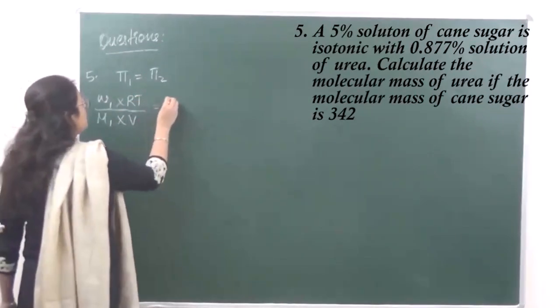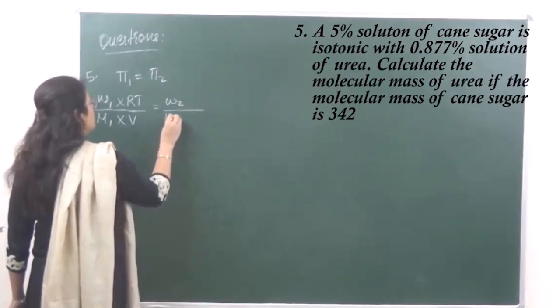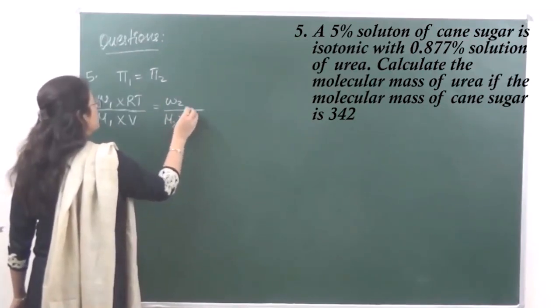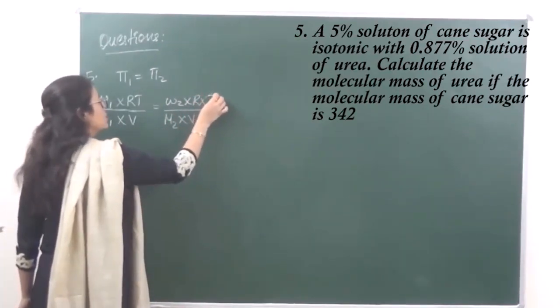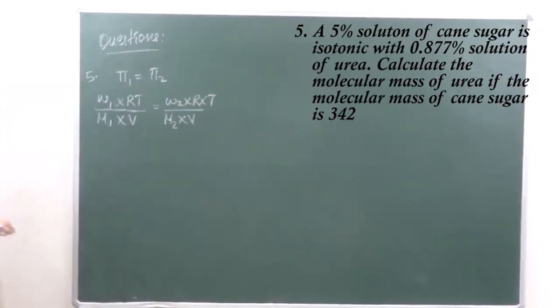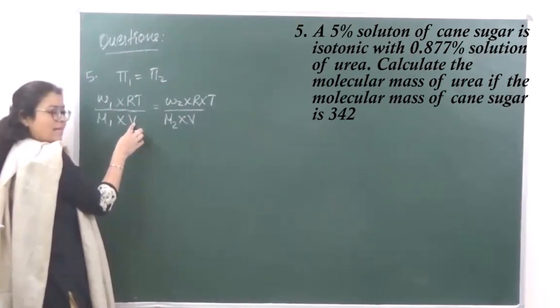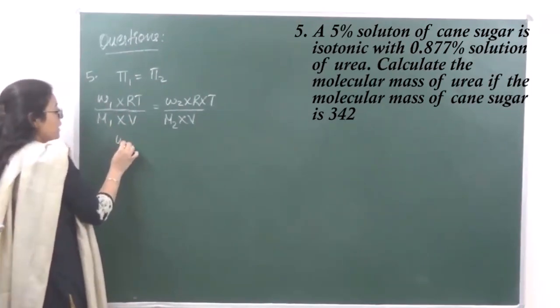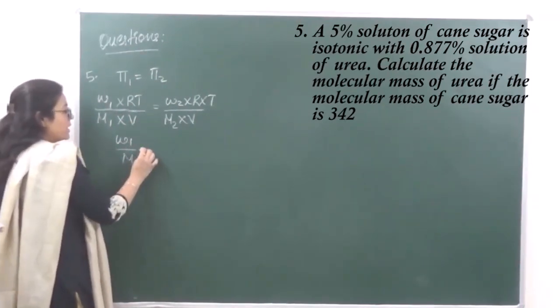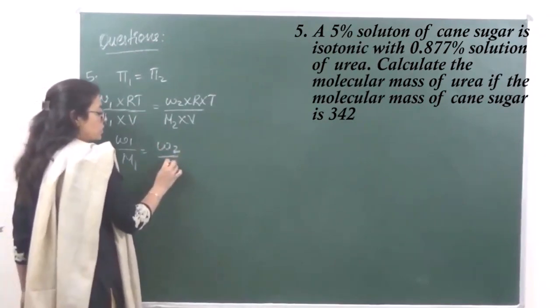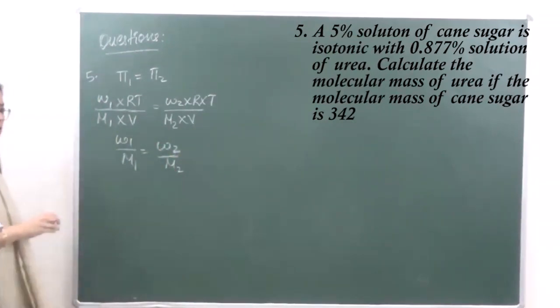Now they have taken percentages. Percentage one is 5 grams and the other one is 0.877 grams. Rest R, T and V, they are common, so this can be cancelled out. So we are only left with W1 upon M1 equal to W2 upon M2.